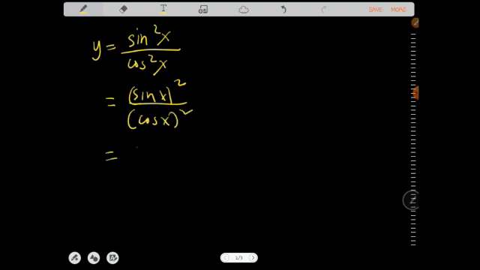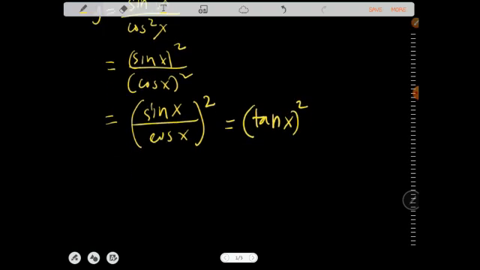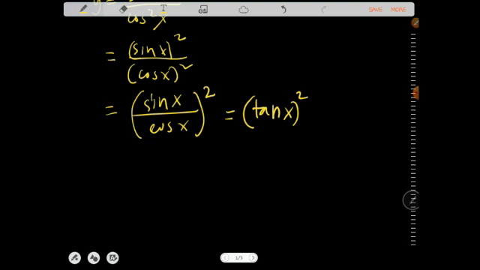Or simply that is equals to sine of x cosine of x raised to 2. And that is equals to tangent of x squared. Di ba tan x squared, we can split it into tan of x times tan of x.